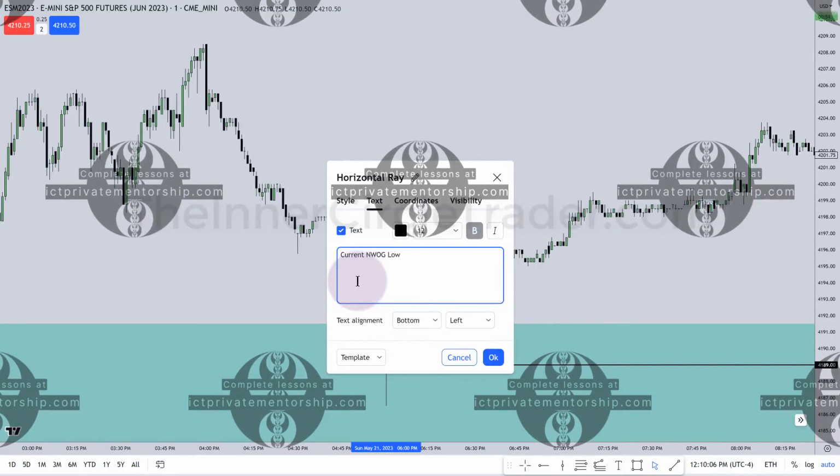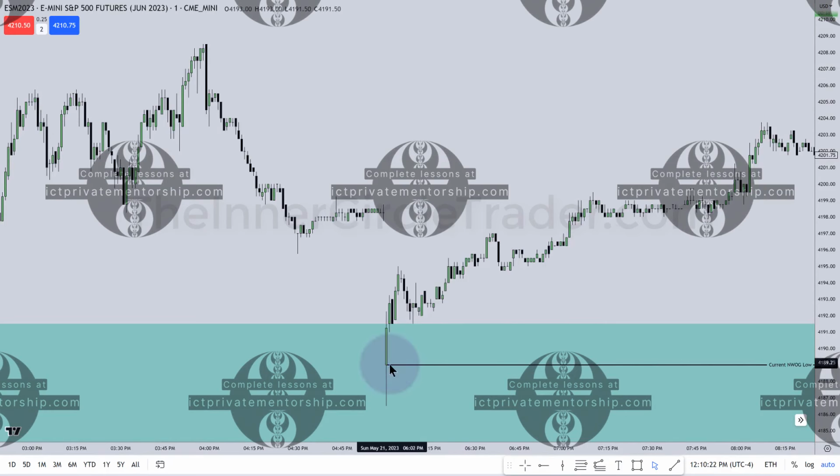So, current new week opening gap low. Text alignment is middle and on the right, and then no boldness, and set to 10. Okay, so current new week opening gap low. And once you have that, you lay your cursor on it till it highlights, hold down control and then drag it away.